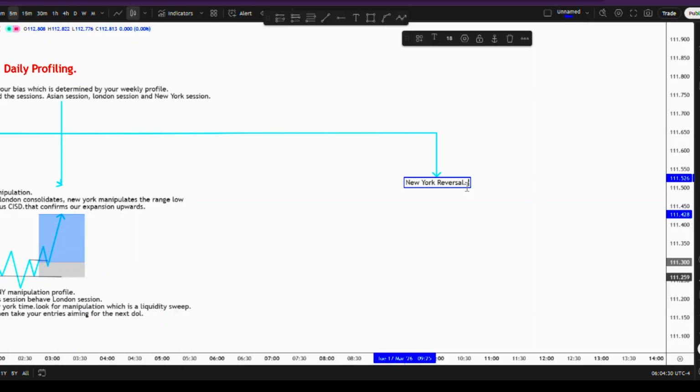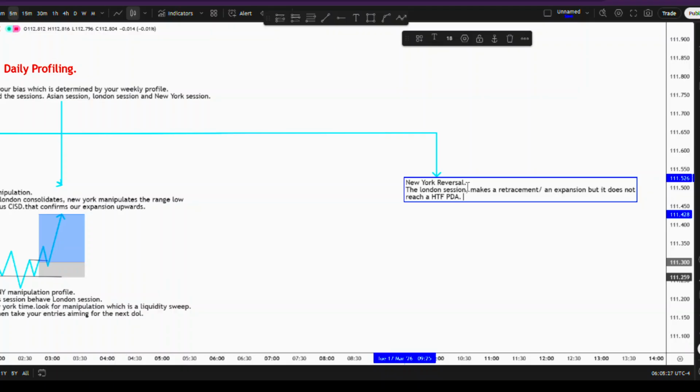So the New York reversal occurs when the London session makes a retracement or an expansion, but it does not reach a higher time frame PDRA.